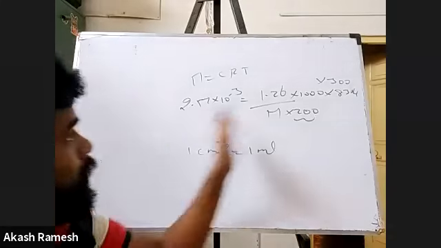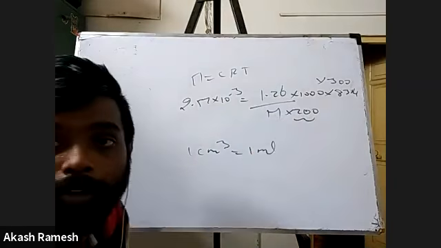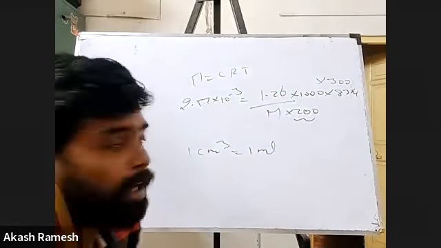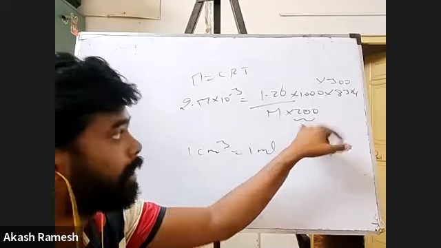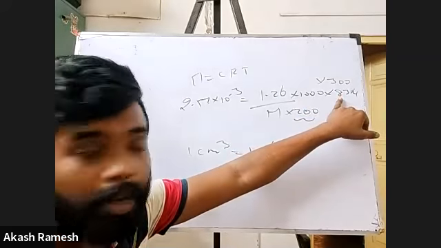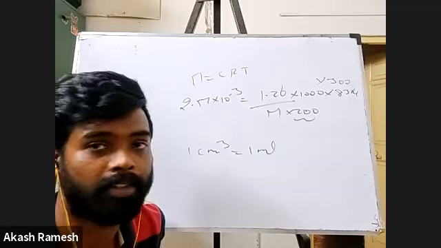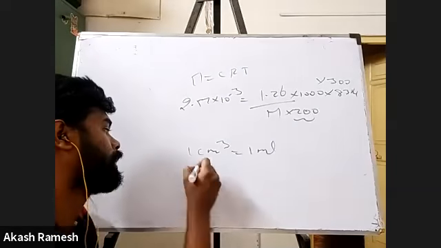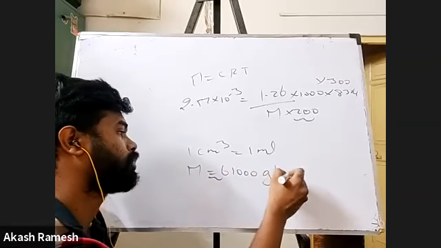So everything else is known. Pi is this much. 1.26 over M gives the number of moles of the protein, divided by the volume. Volume is given as 200 centimeter cube, so 200 into 1,000 because it's in ml, and 8.314 is the value of R, and the temperature value is 300 Kelvin. That's it. If you calculate, you should get the molecular mass of protein as approximately 61,000 gram per mole.